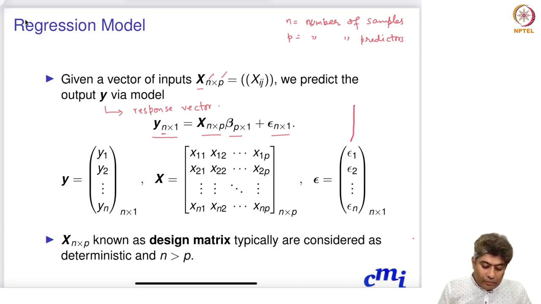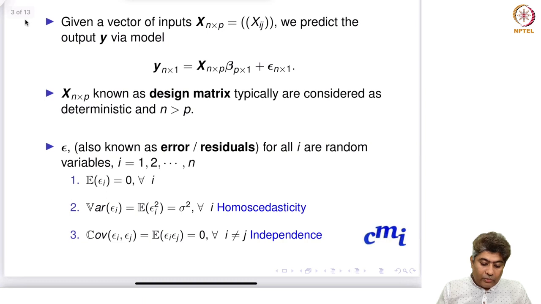Now onwards we will consider the X matrix as our design matrix, and the number of samples is greater than p, because if the number of samples is greater than p, then X transpose X will be a p cross p matrix, and it will be a full rank matrix, and we will have a unique solution.